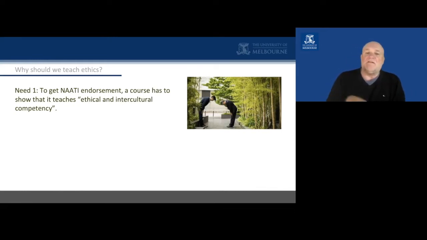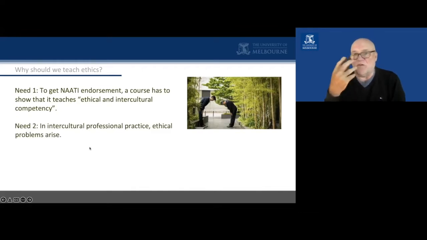And to get the NAATI endorsement, we have to show that we teach ethical competency, that's what they call it, and intercultural competency, which is another thing. We do tons of intercultural, that's not a problem. We also have to teach ethics, and by ethics, they mean the NAATI Code of Ethics.